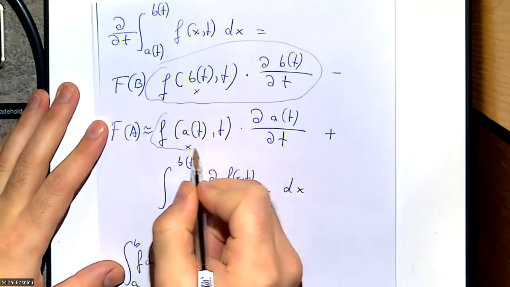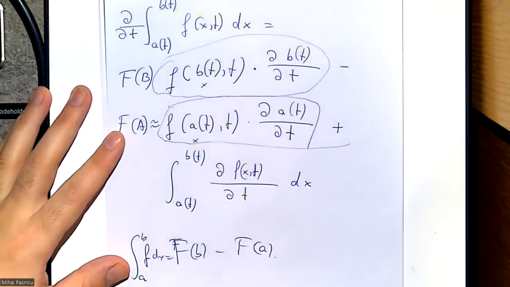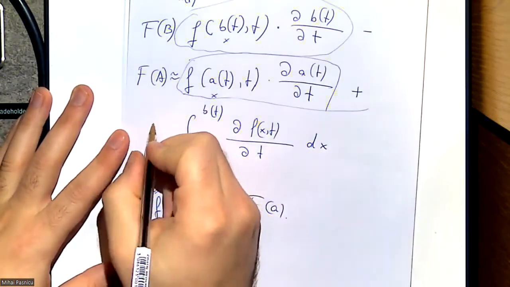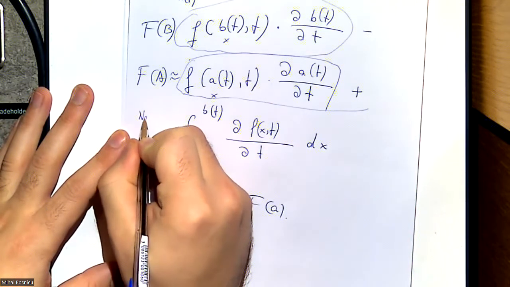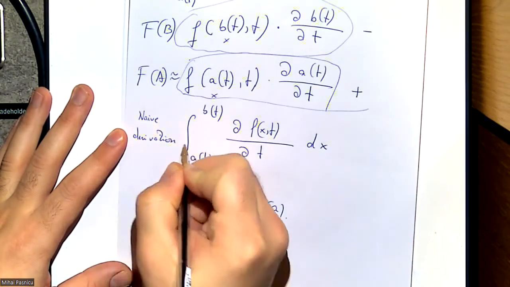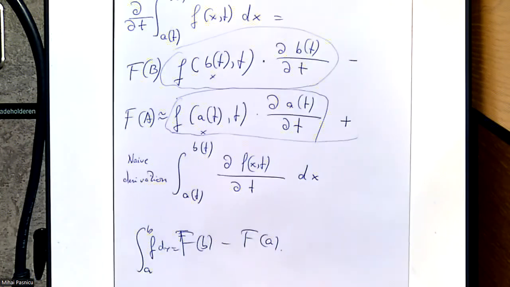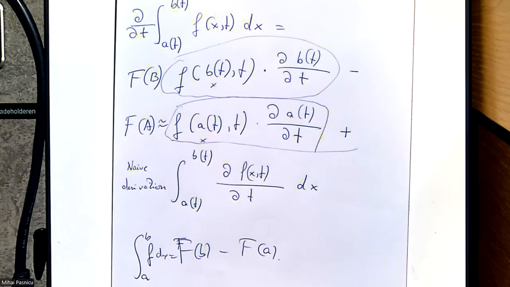That's just how I memorize it. If this doesn't work for you and it's more confusing, then find your own way. And this last part is just the naive derivation. I don't know if it works for you guys. Again, this is how I try to keep track of it.